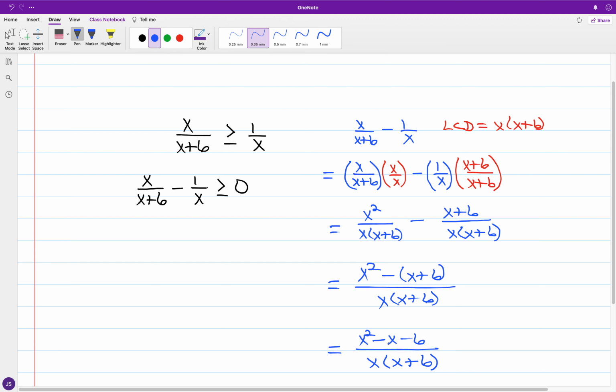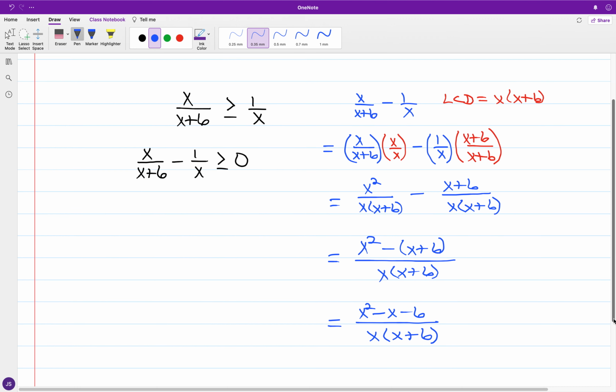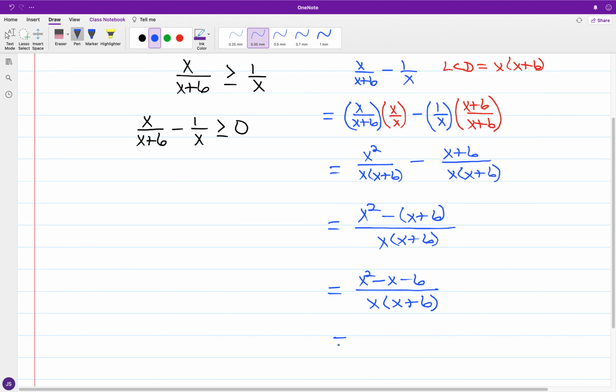And this numerator can be factored, so I'll just go ahead and express this in factored form. So I'm going to have x plus 2 times x minus 3 and we have all over x times the quantity of x plus 6.